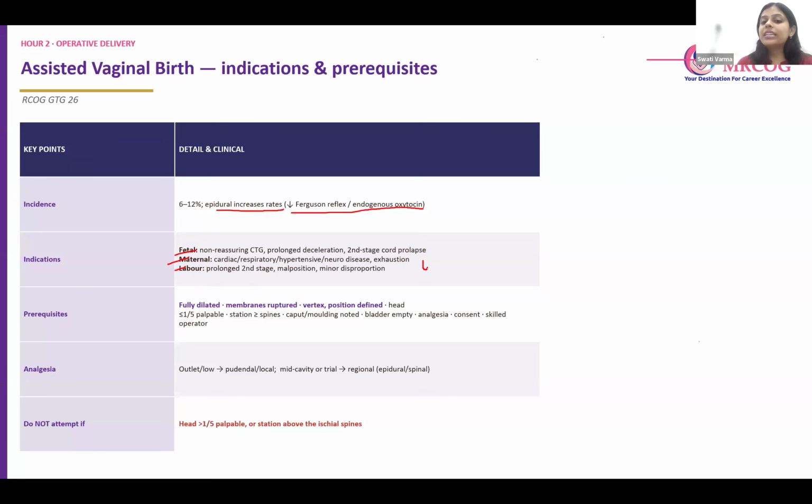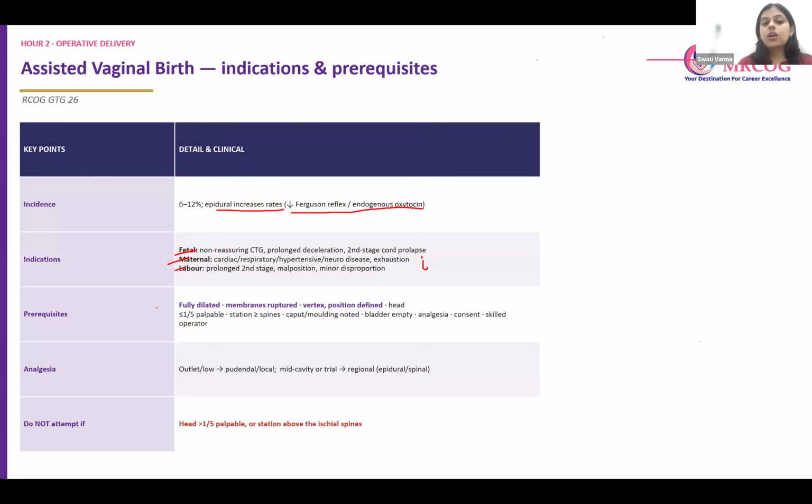If suppose the lady looks to be exhausted and you think that shortening the second stage of labor would really help her condition, then you should individualize, especially in NYHA 3-4 classes, or whenever she demands help, she requests for assistance, then is the time when you have to assist her with instrumental vaginal birth. Then labor specific indications: of course, when she has already pushed for 2 hours or more, there is malposition, minor disproportion, then you can use assisted vaginal birth.